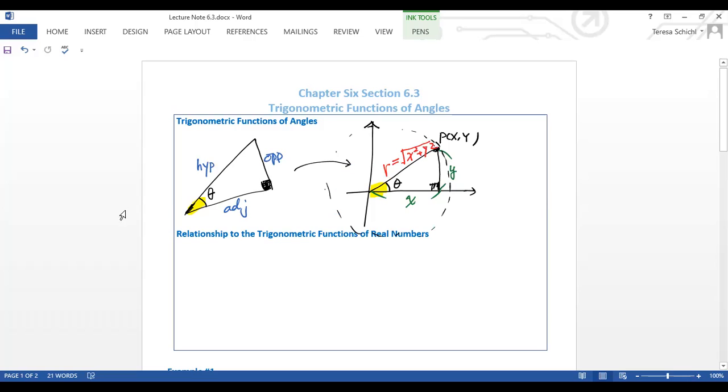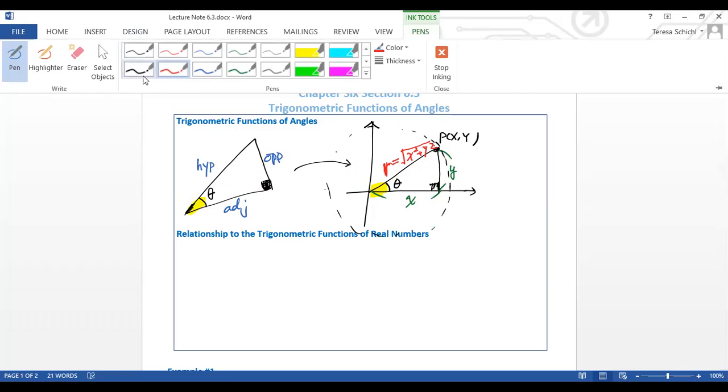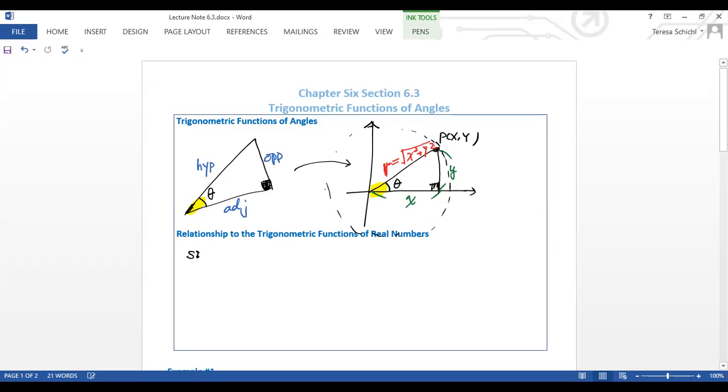This is how we relate the trig functions from the right triangle to the real-value ones, like we did in chapter 5. The only difference is that your hypotenuse becomes the radius. Let's take a look at the relations. For sine theta in the right triangle, sine is opposite over hypotenuse.